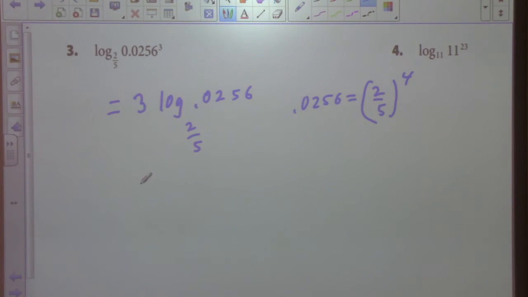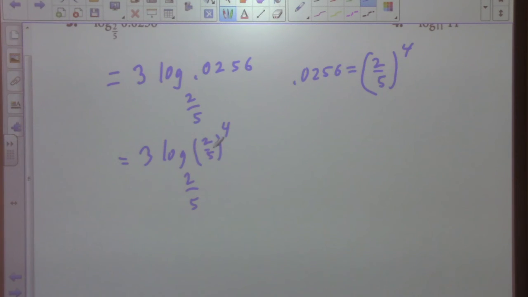So what we have now is 3 log base 2/5 of 2/5 to the power of 4. And what do we do now?